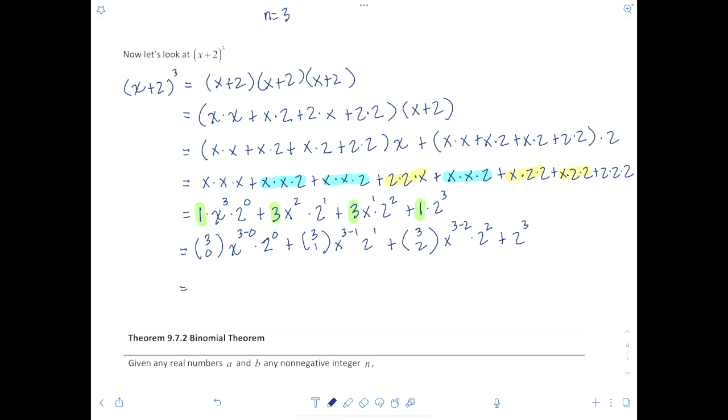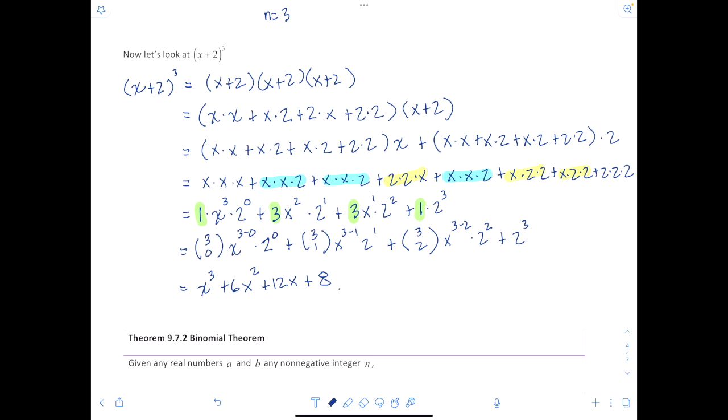So at the end of the day, expanding this, we would have x cubed plus 6x squared plus 12x plus 8. Cool?